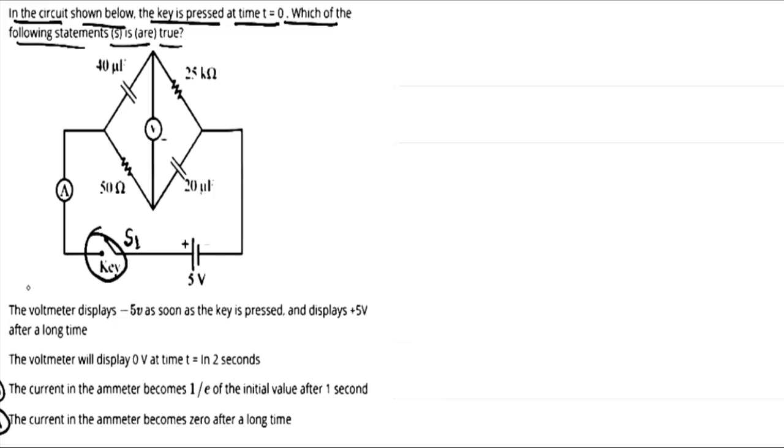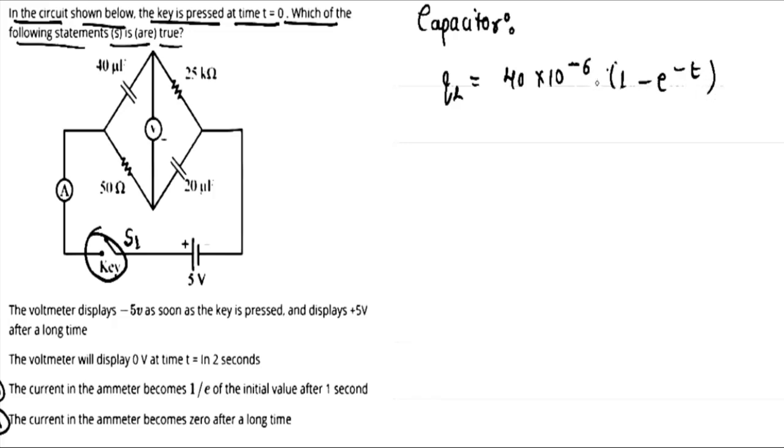So we start firstly. Let at an instant q1 be the charge on the upper capacitor and q2 be the charge on the lower capacitor. So we find out q1 and q2, the charging of the capacitors. We write down the capacitor: q1 is equal to C1V1, so 40 into 10 to the power minus 6, bracket 1 minus e to the power minus t, multiplied with 5.